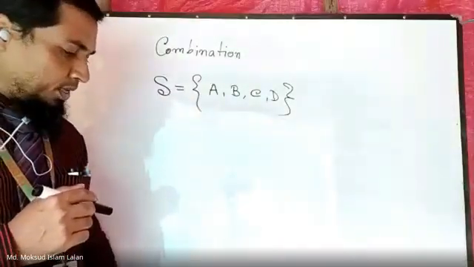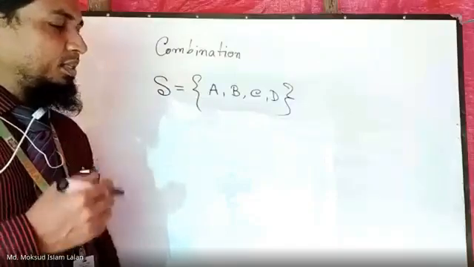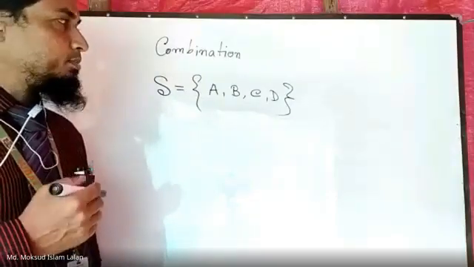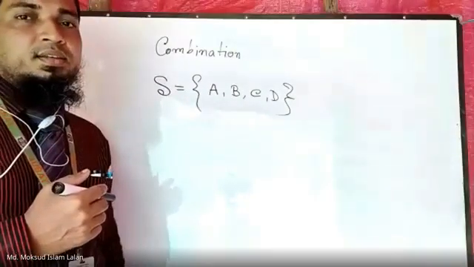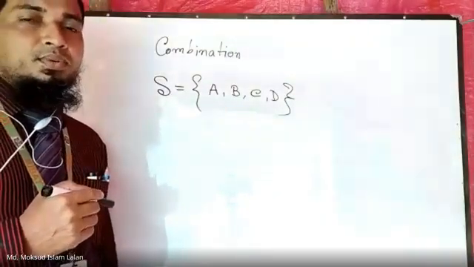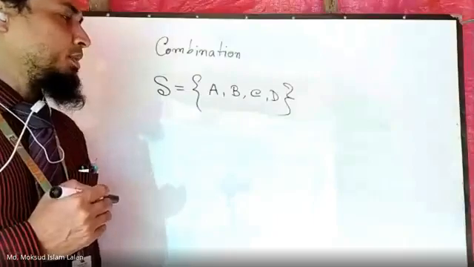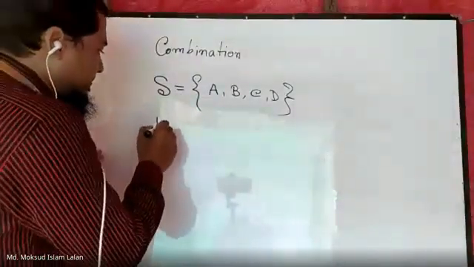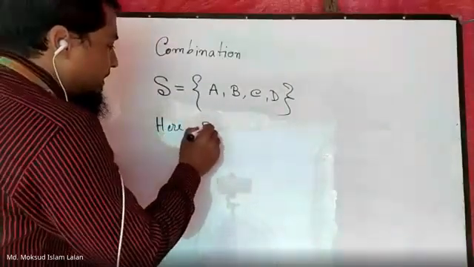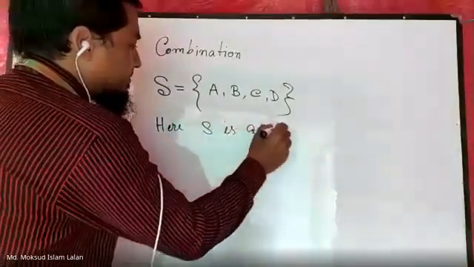We are going to explain the basic things of combination and how you can solve math. This is the objective. Simple objective. So, combination, dear students, here S is a set.